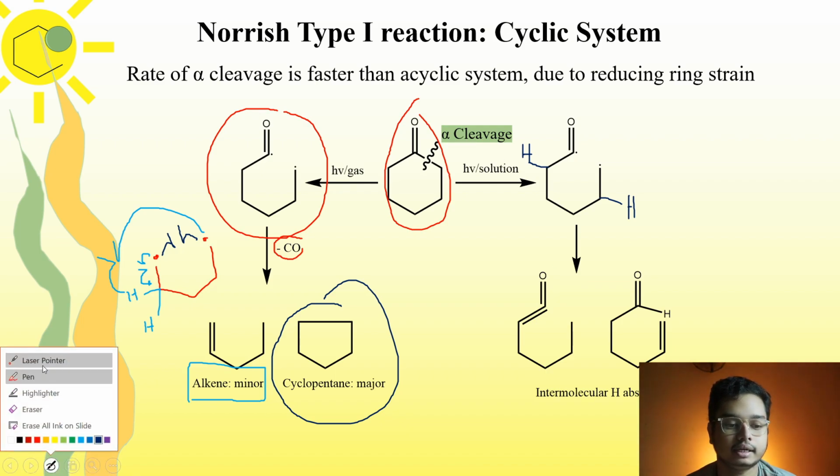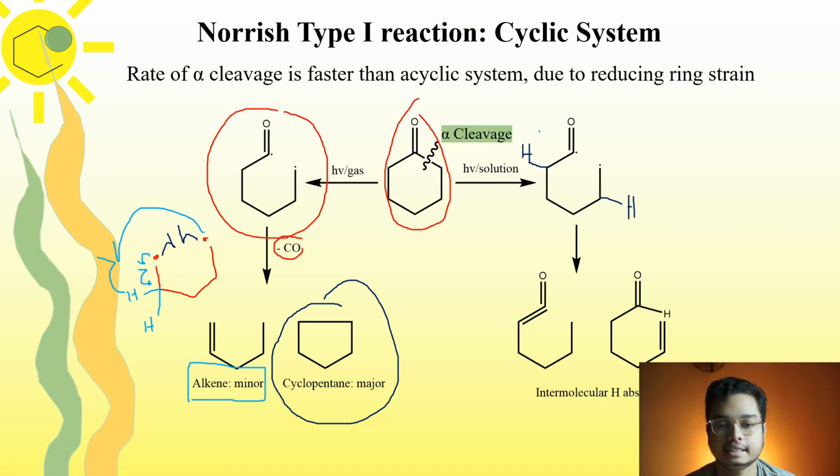Now this is the acyl hydrogen, and this is the alkyl part hydrogen. If this particular radical takes up the alkyl part hydrogen, then aldehyde formation takes place, and here a double bond forms.